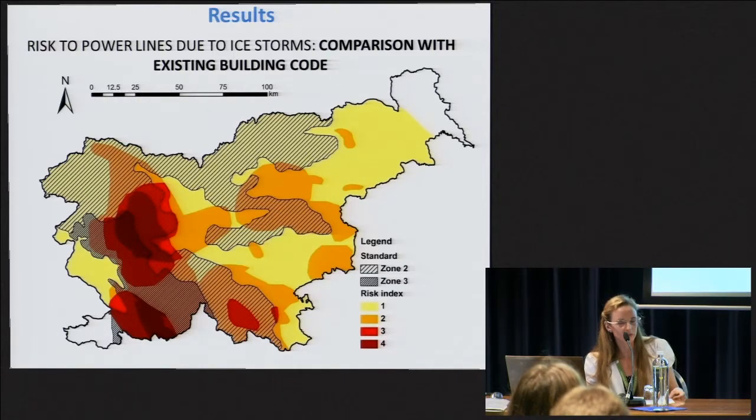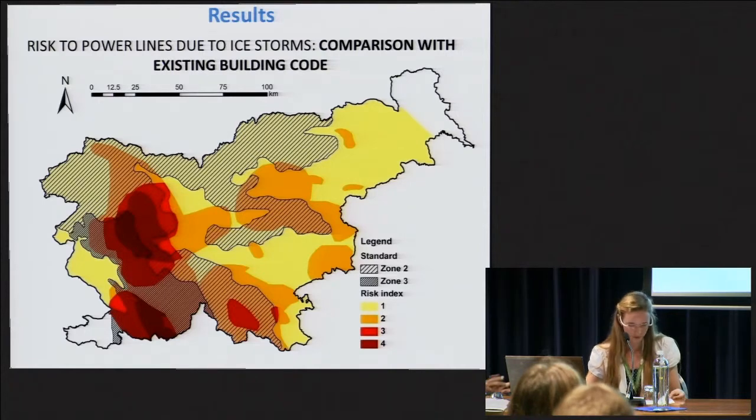can cause significant damage. As you can see from this map here, it would be wise to make a revision of the standard and maybe expand zone 3 and zone 2.